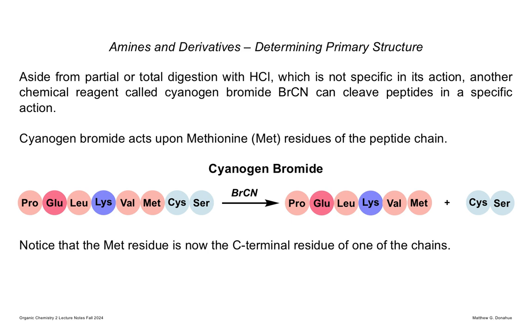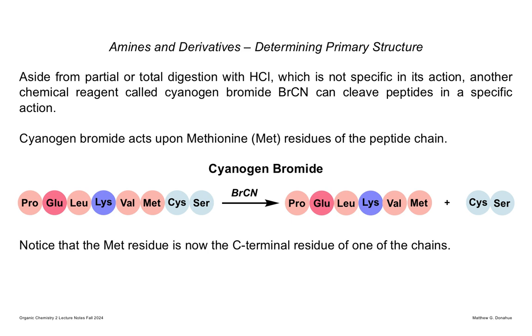These next couple are not reacting at the N-terminus specifically. They can, but it's not specific just to the N-terminus. So again, HCl is indiscriminate. It's going to digest every peptide bond.